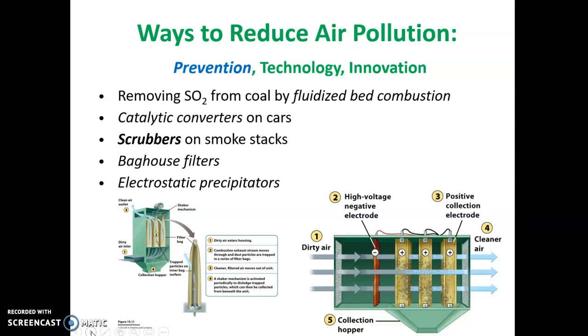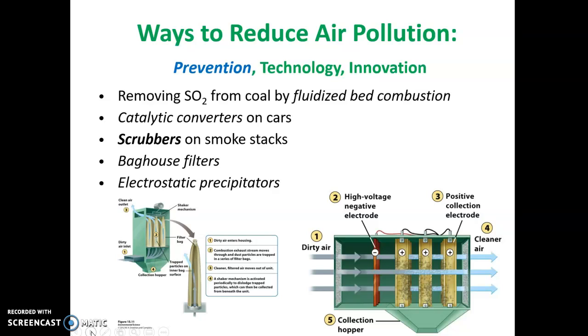In addition to efficiency, there's also increased conservation. If we can use less fuel, then there will be less pollutants. And last but not least, if we use alternative energy sources that don't produce air pollutants, for example, wind energy, then again we reduce the amount of air pollutants entering the atmosphere.